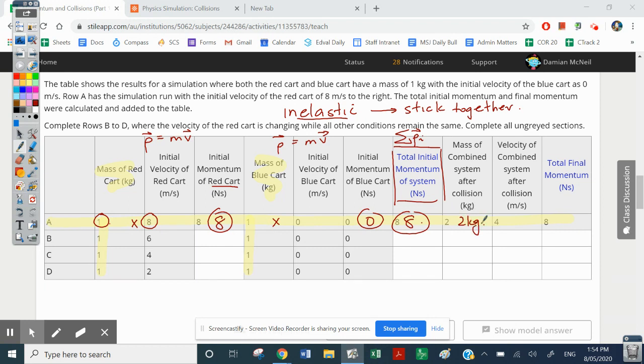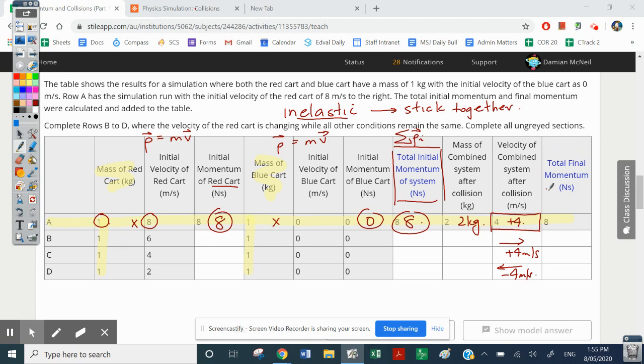Now you read this number off our simulation. You will run the simulation, and when you do it, you'll see 4 meters per second go on the top. Okay. Now don't forget, if it's moving this direction, it's a plus 4 meters per second, and if it goes this direction, it'll be a minus 4 meters per second. Okay. So it was a plus 4.